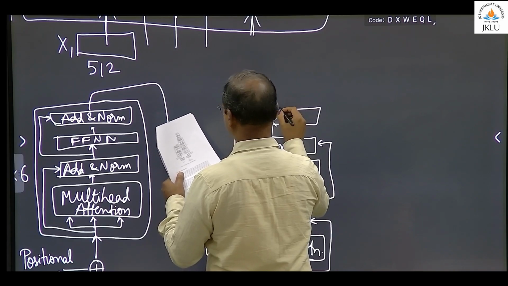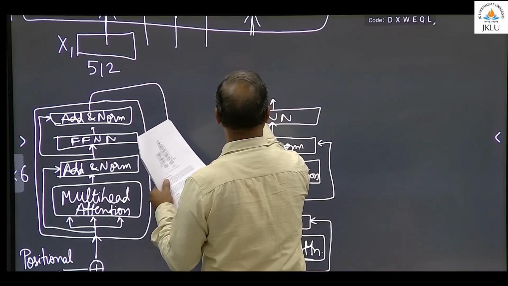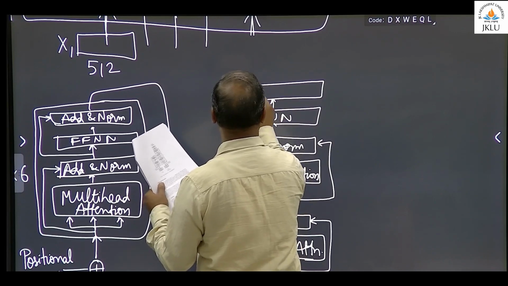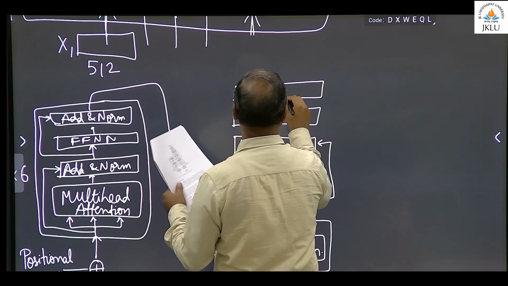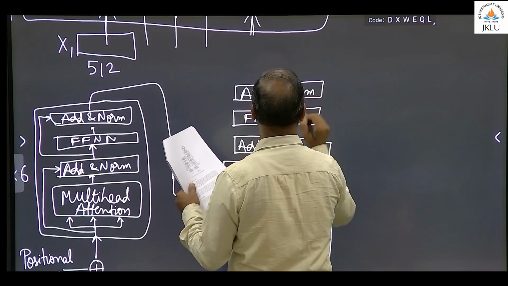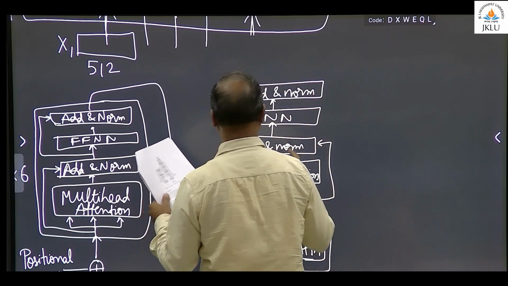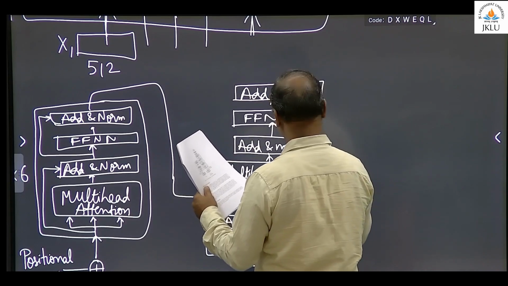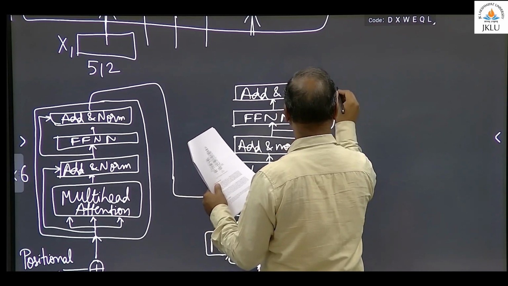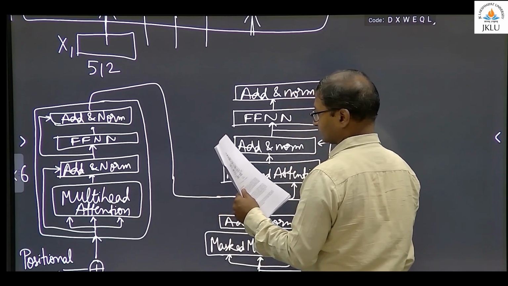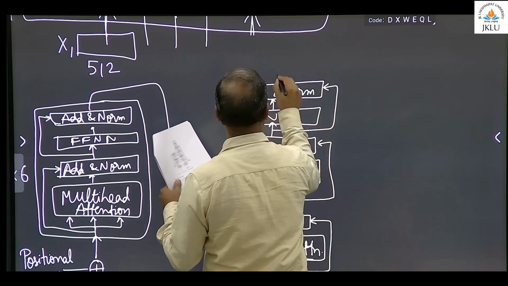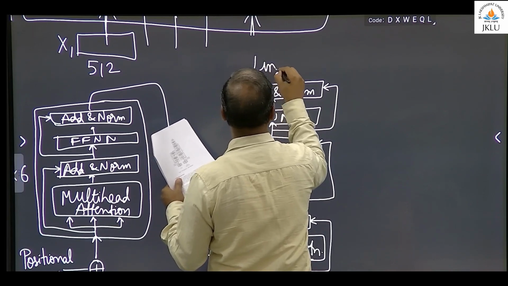I hope everybody is drawing with me. मतलब मैं अकेला ही नहीं बना रहा हूँ. Add and norm. Since there is add and norm, after this you go and add this one as well. Okay. Then there is this linear.